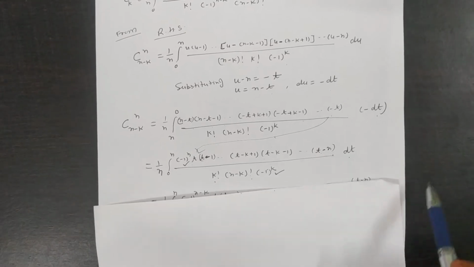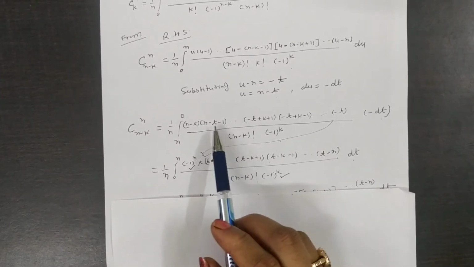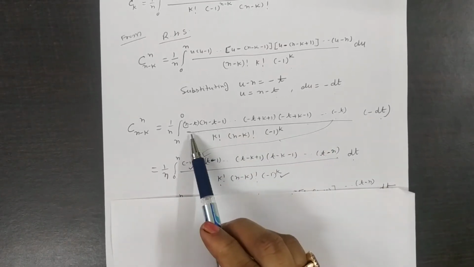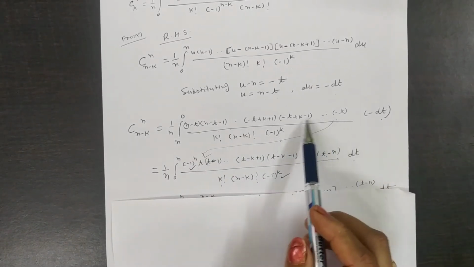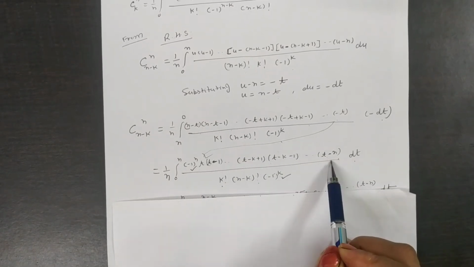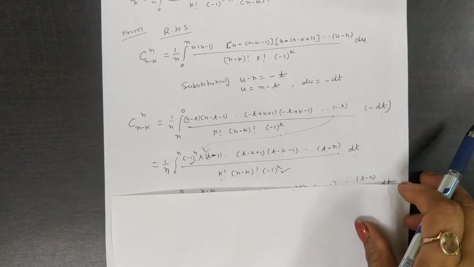Yes, okay, clear? This step is clear. Here it is n minus t, so you take the minus sign common. Minus, minus, minus, so here it becomes t minus n. It's clear? Okay, students.